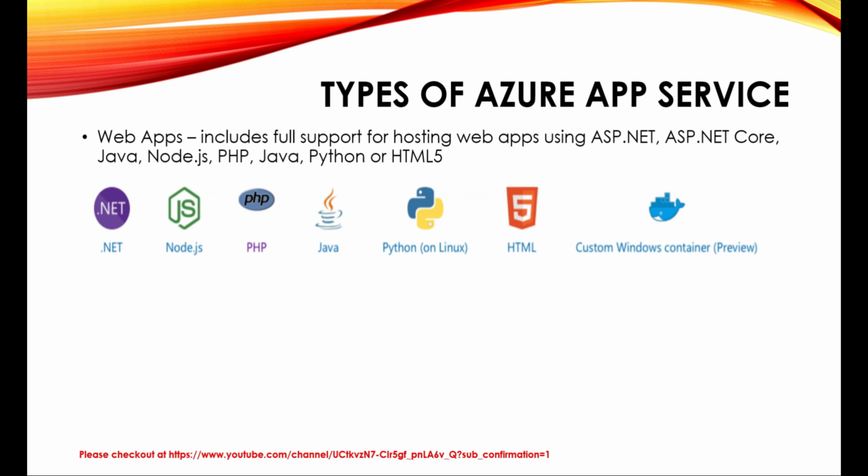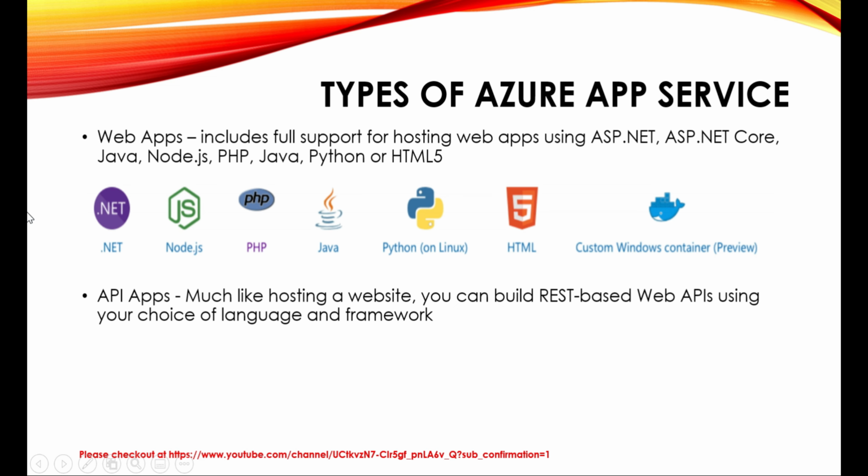So let's start with the web app. There are various types, and we'll start with the web app, right? Web app service includes full support for hosting web apps using ASP.NET, ASP.NET Core, Java, PHP, Python, HTML5, and custom Windows container.